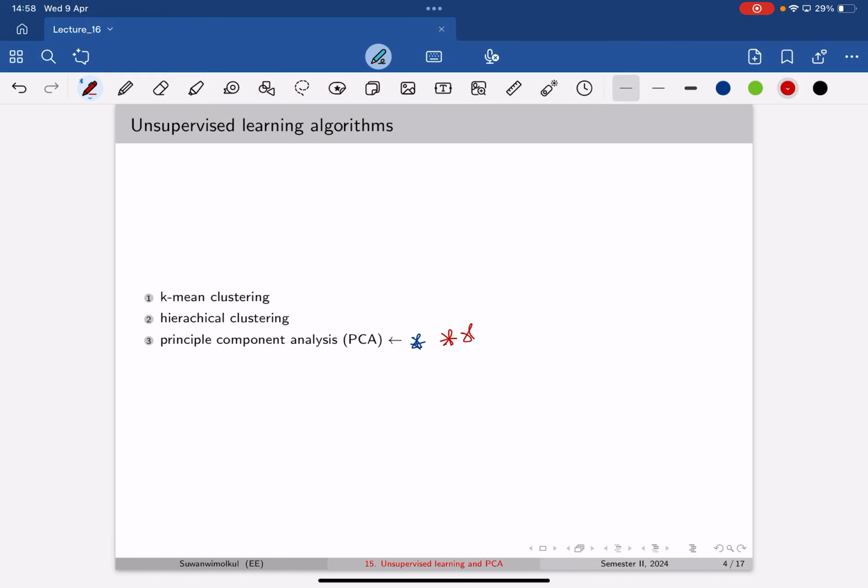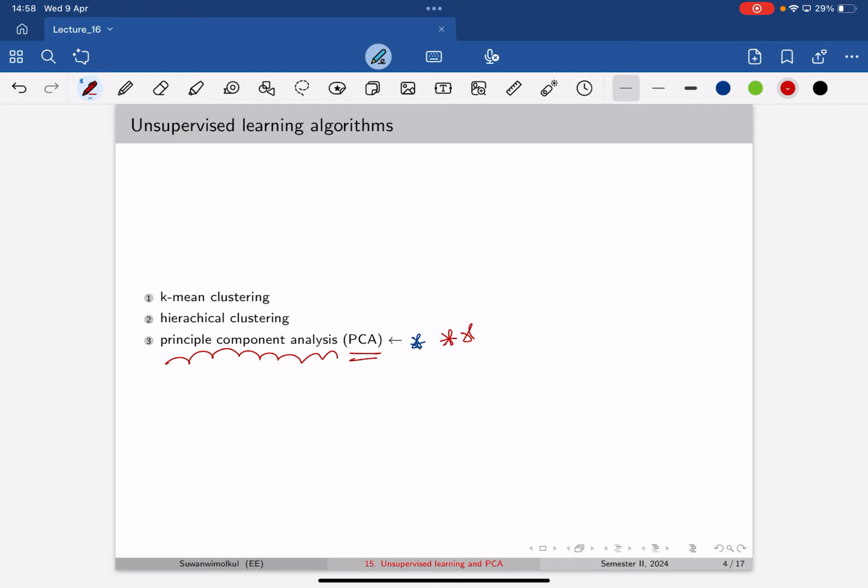Anyway, next things we will go over. So what about principal component analysis? As I hinted before, principal component analysis, or PCA, is going to be about dimensionality reduction.